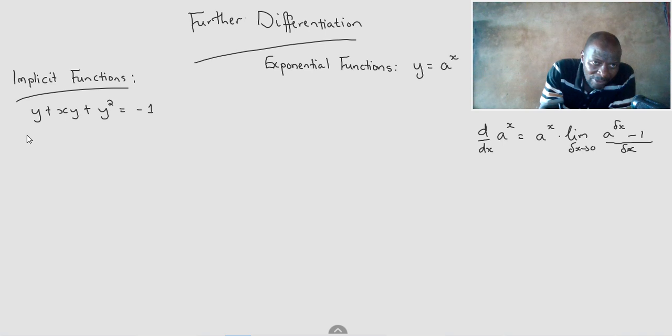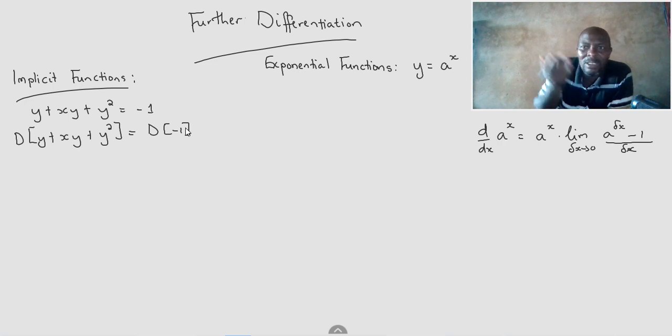We say, obviously the derivative of the one side, the left hand side, must be the same as the derivative of the right hand side.